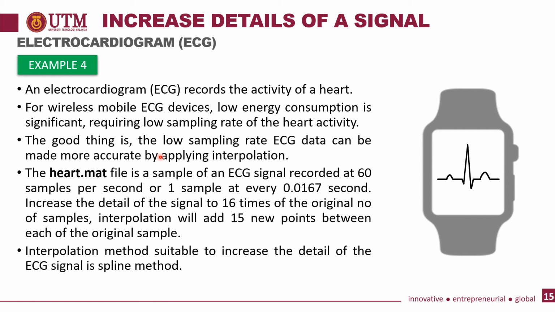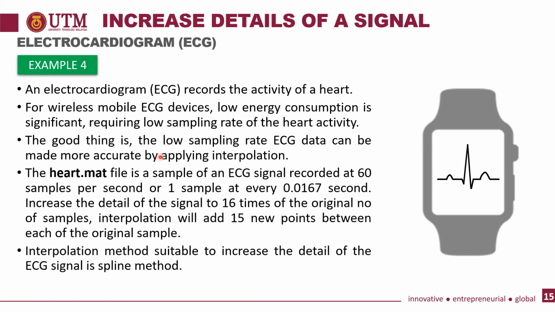But when we decrease the number of data points, your data will not be accurate because you are not taking the data regularly. The good thing is you can increase the sampling by using interpolation.